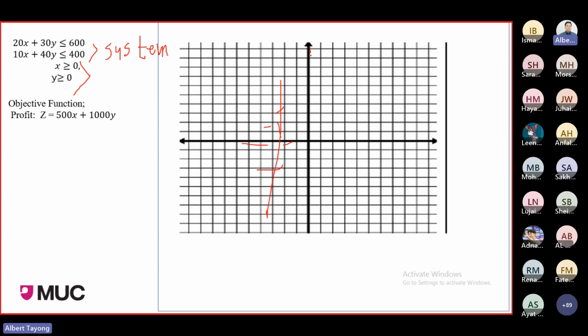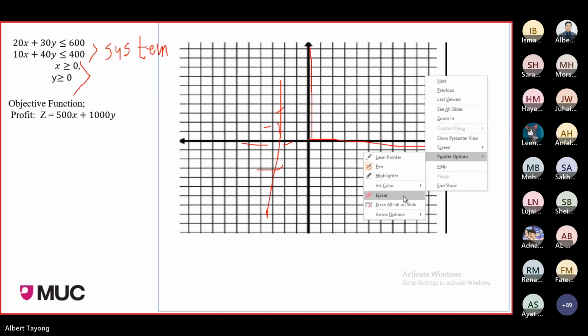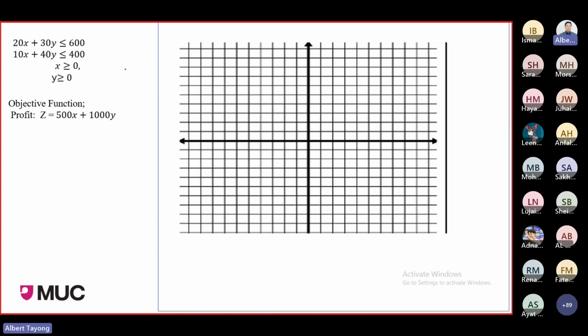Only from here to the right, okay? So the points are given also. For the first equation or inequality, we have 0, 20, and 30, 0. We discussed this in the class, how to solve it. So it will be given.